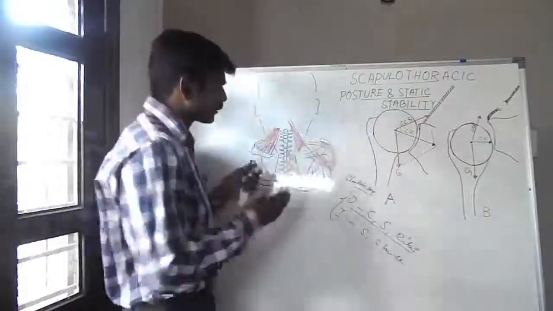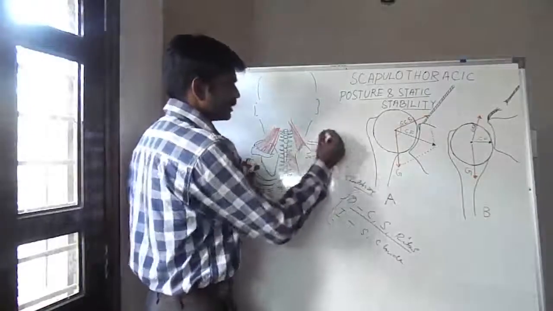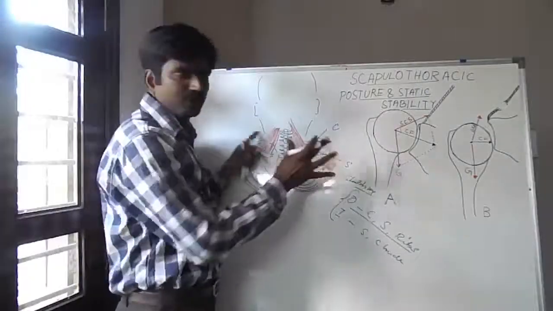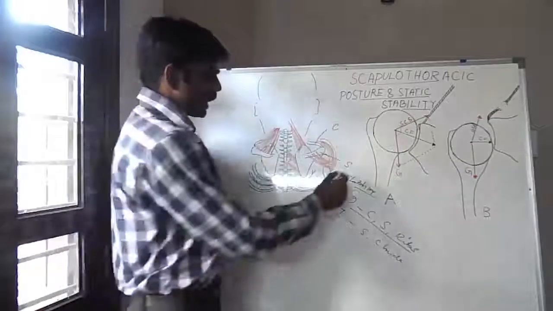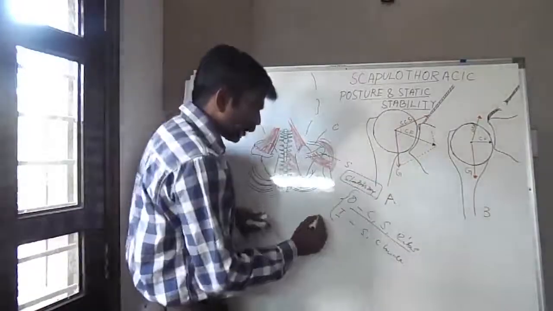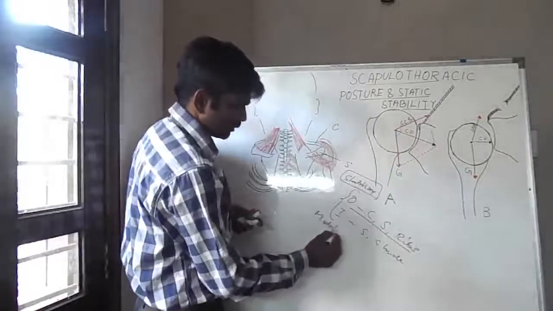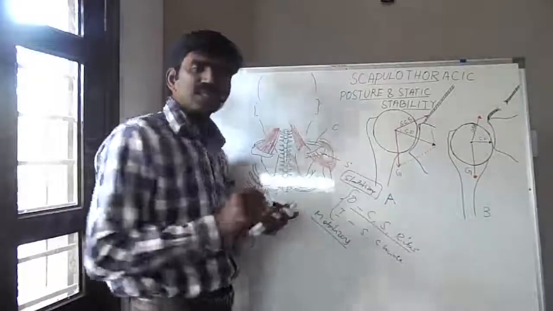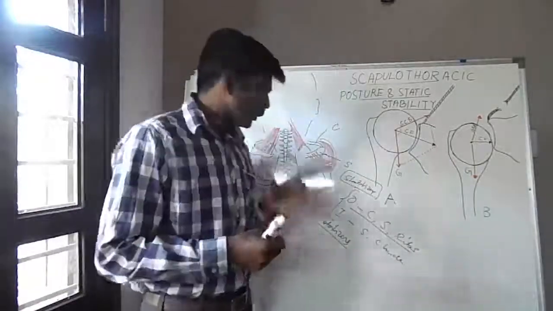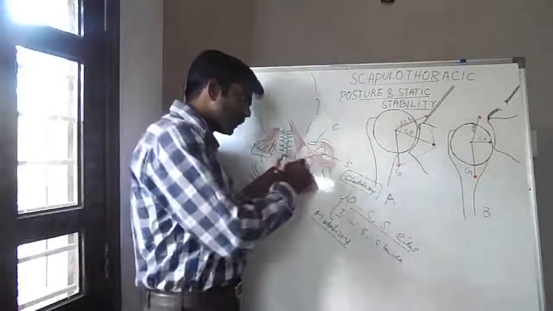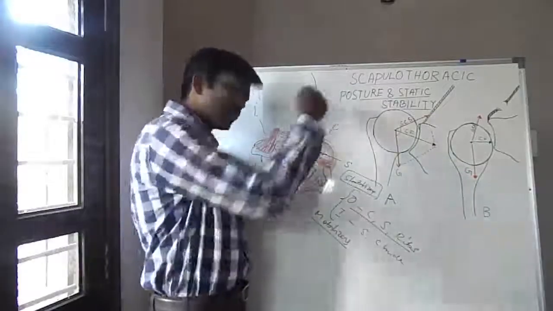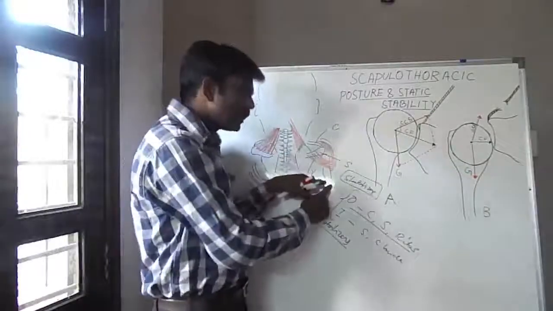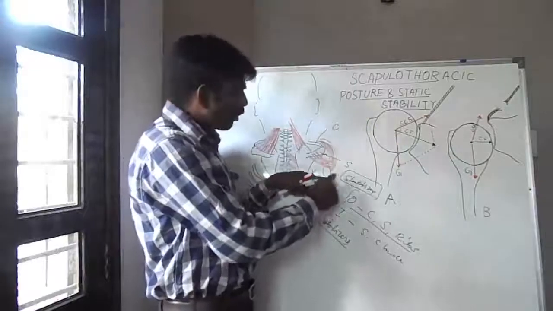So they are called stabilizers. This is the scapula, and this is the clavicle. This is the posterior view. And what are mobilizers? Mobilizers are the muscles which get originated from the scapula or clavicle and are inserted into the humerus or the forearm.